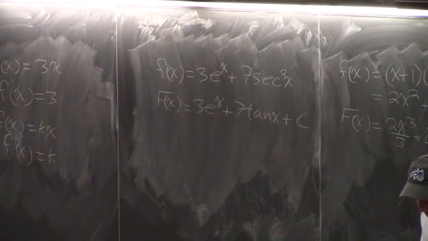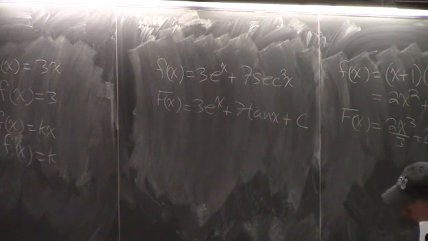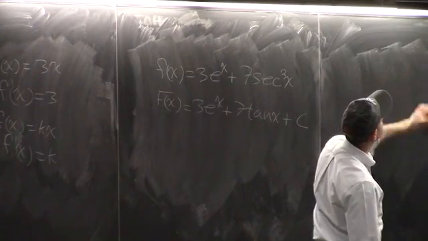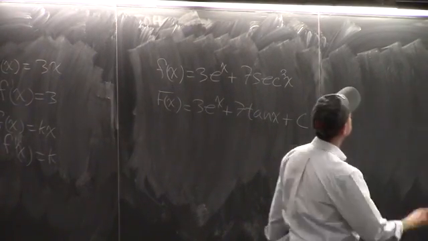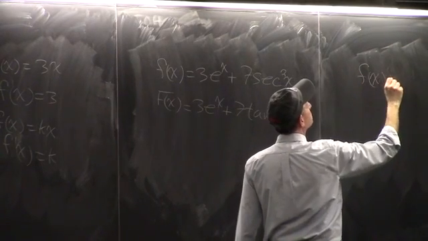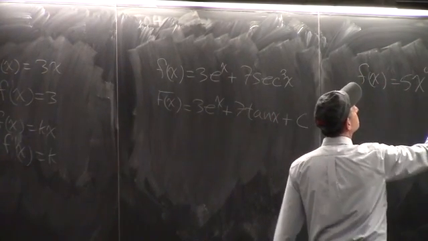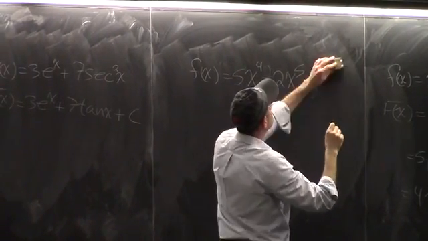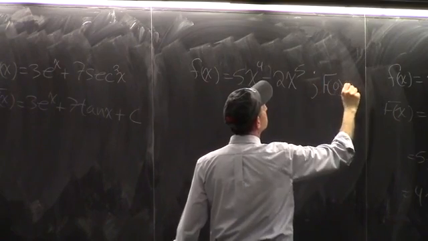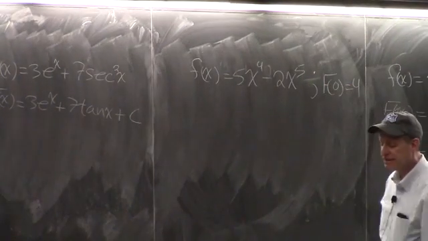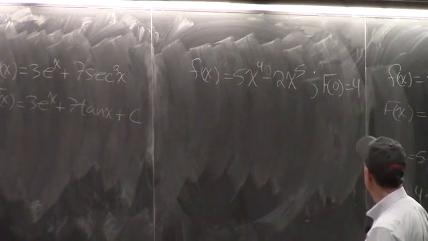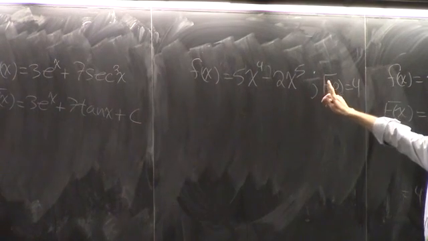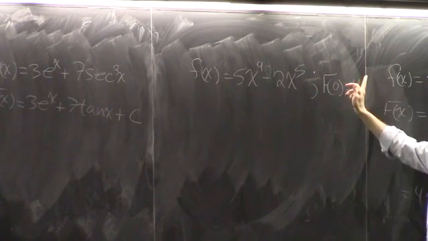Okay, let's try something slightly different. Now let's suppose I tell you that the derivative is 5x to the 4th minus 2x to the 5th, and that the original function at the value 0 equals 4.